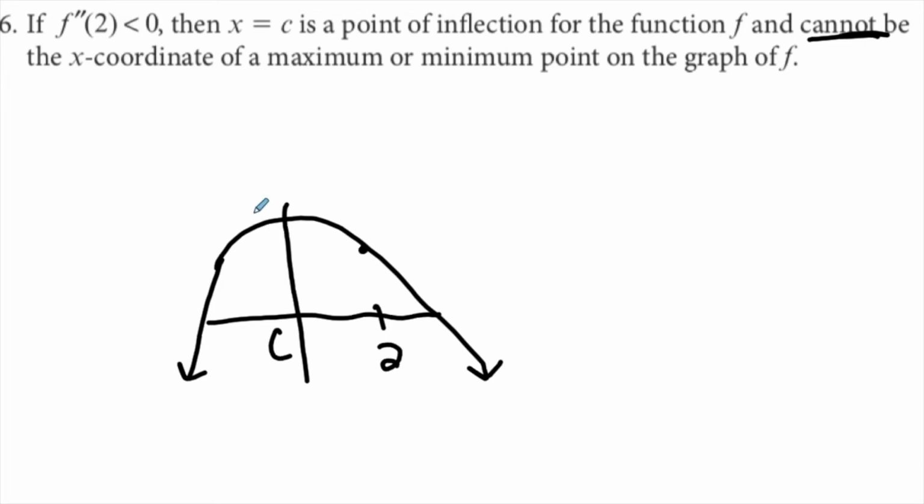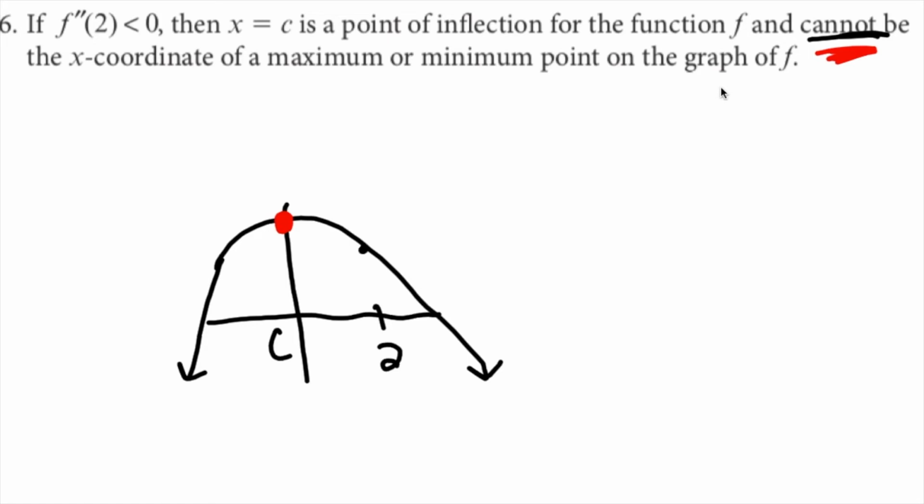So I'm looking at this value right here giving me a second derivative of 0, but it would be a max or a min. So is there a function where this exists? The second derivative here at 2 is less than 0. That's concave down. But is there a function that when I look at the second derivative here at c, to go against the cannot, it can be a max or a min?